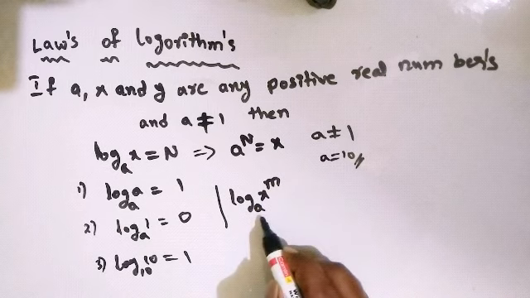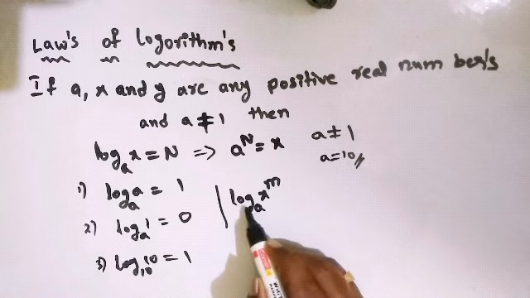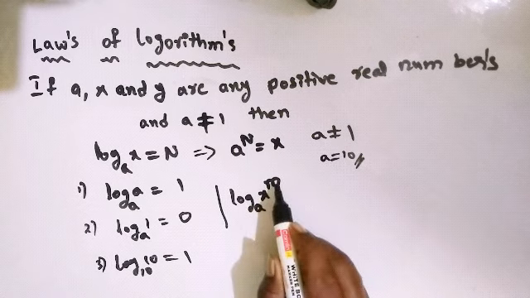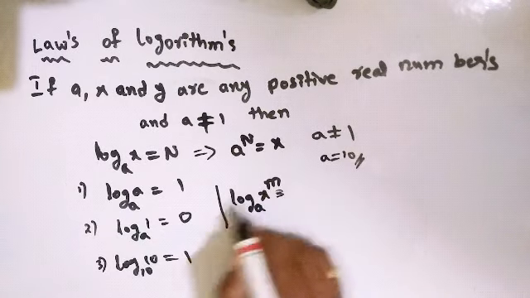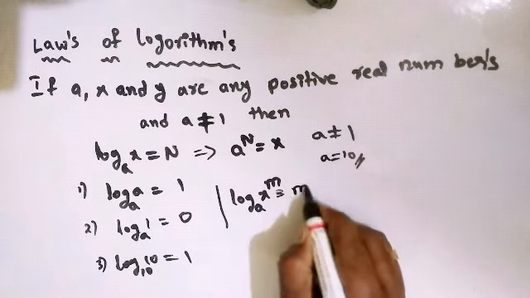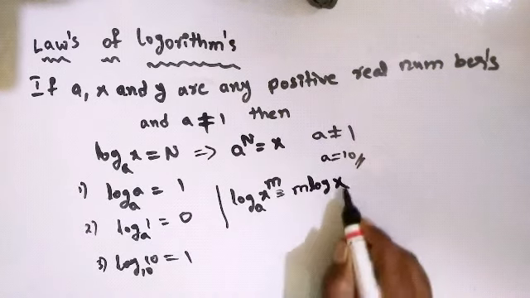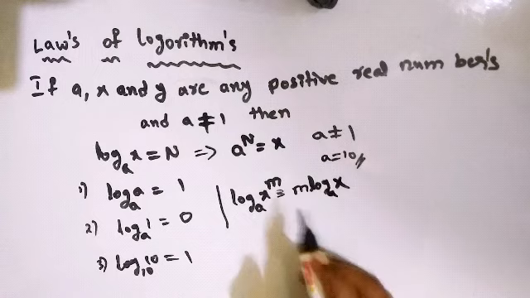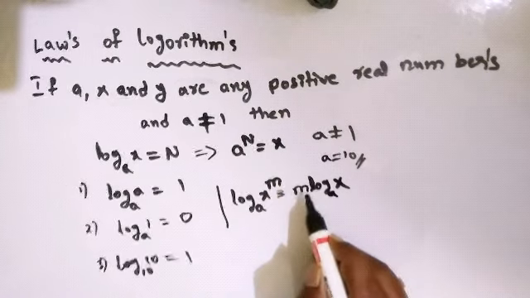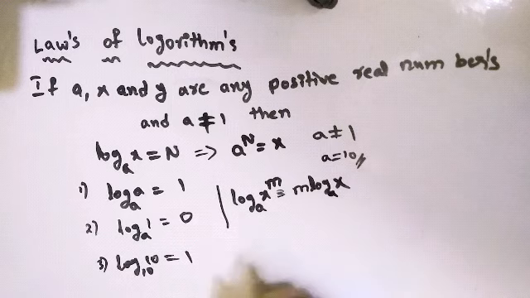To remember the formula easily, if log x power m is there, then m will come in front, so m log x, and here we'll have base a. To learn it easily: log x power m is equal to m log x. Simple.